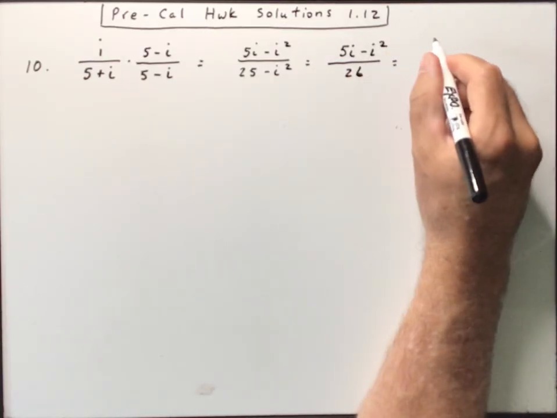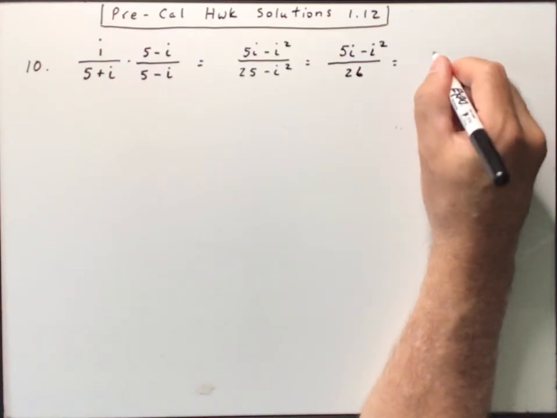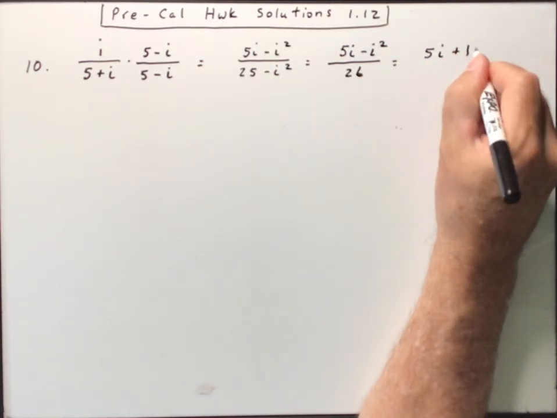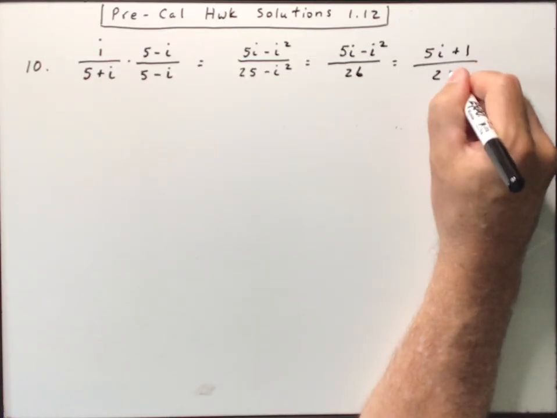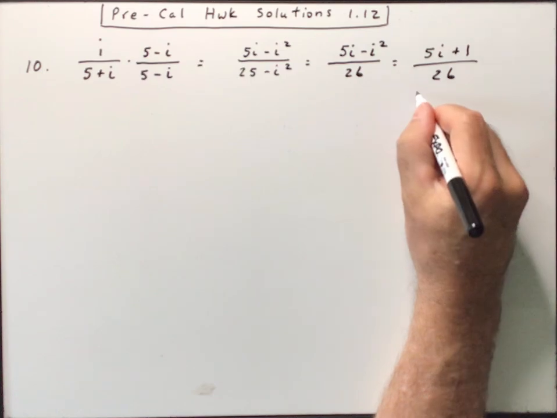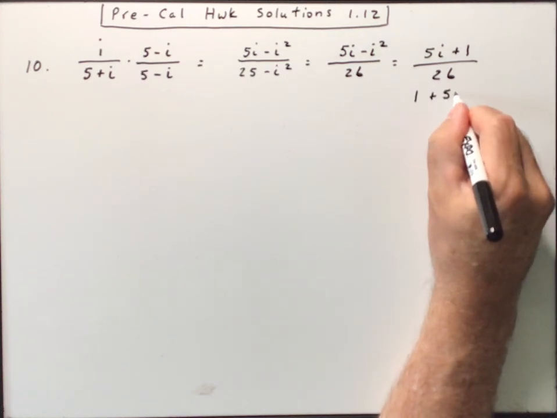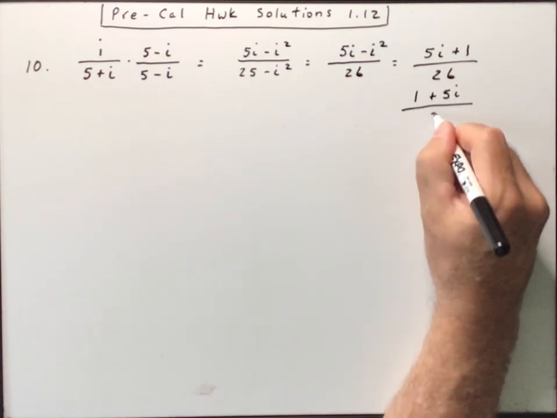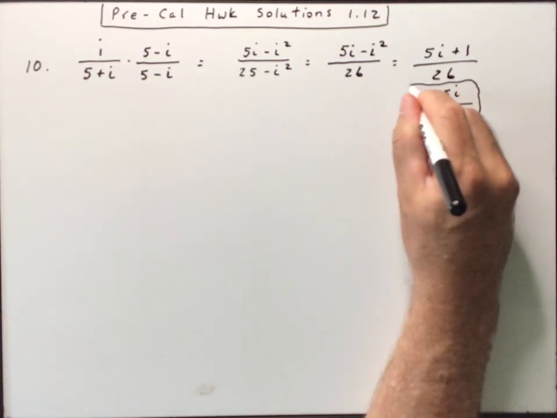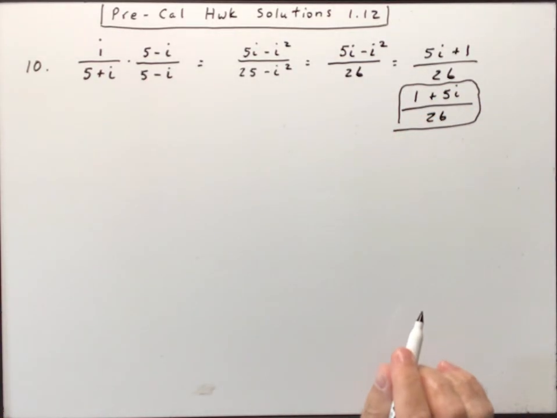So that's 5i plus 1, because negative, negative 1. So 5i plus 1 over 26. And the appropriate way to write this is 1 plus 5i. Get that? So don't forget to do that. Put the real part first.